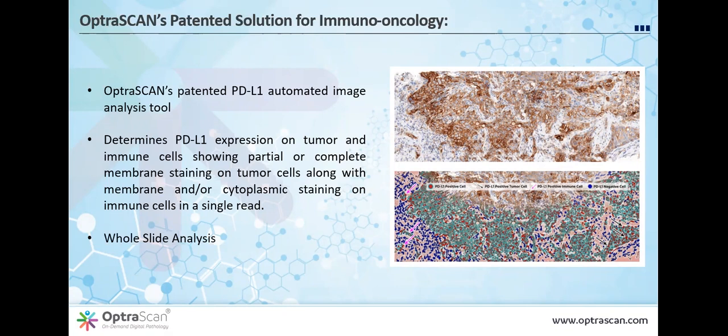So the algorithm basically determines the PD-L1 expression on tumor and immune cells. It shows partial or complete membrane staining on tumor cells along with membrane and/or cytoplasmic staining on immune cells in a single read. The algorithm works on a whole slide. The whole slide gets analyzed and produces results for the whole slide analyzed image.